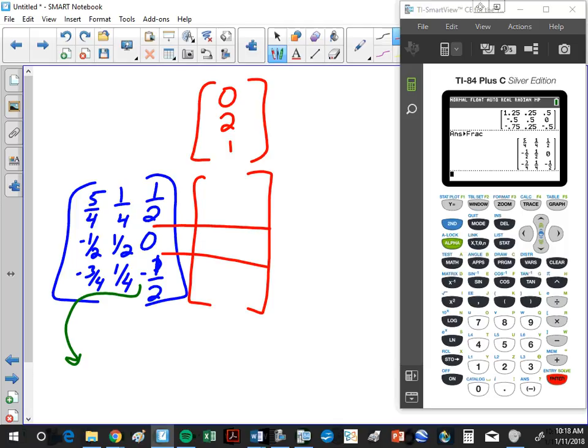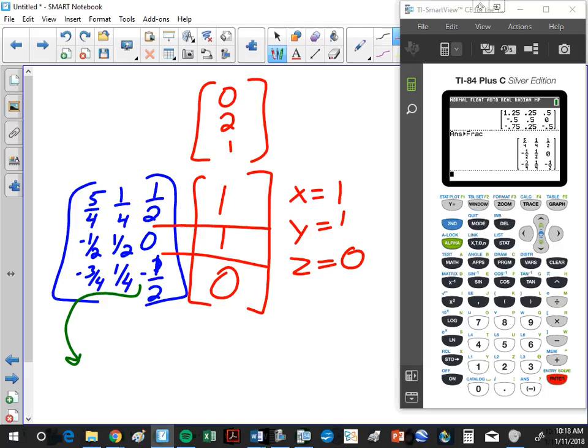So that's 0, 1/2, 1/2 gives me 1. 0, 1, 0, that will give me a 1. 0, 1/2, negative 1/2 is 0. So the solution to the matrix is x equals 1, y equals 1, and z equals 0. And once again, we already know how to find that, but I disabled your RREF buttons.